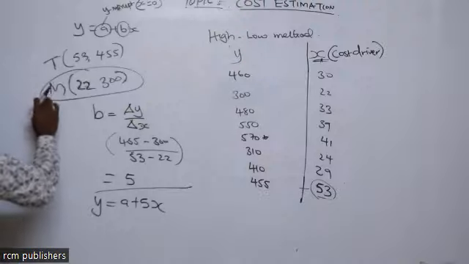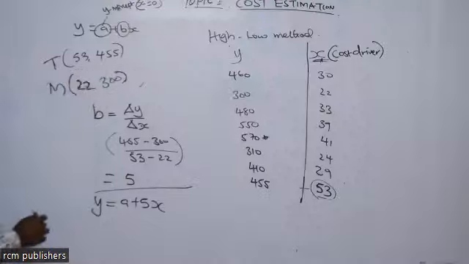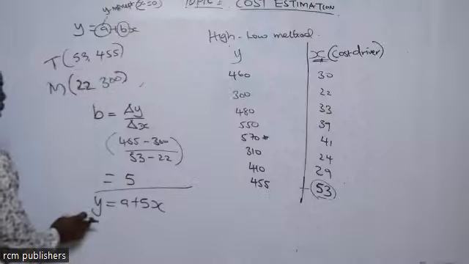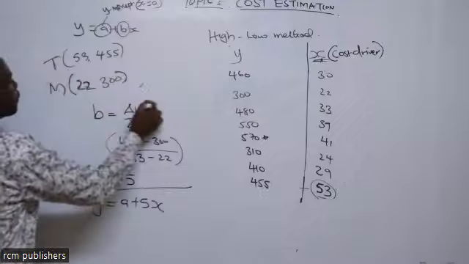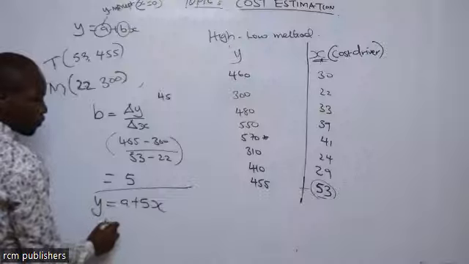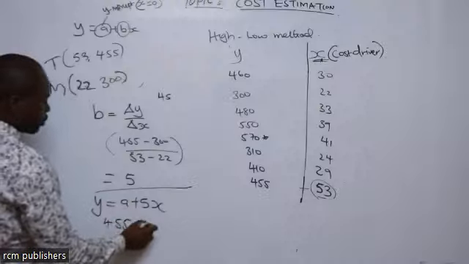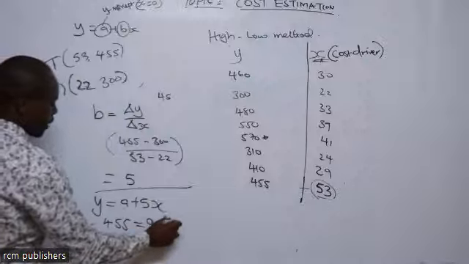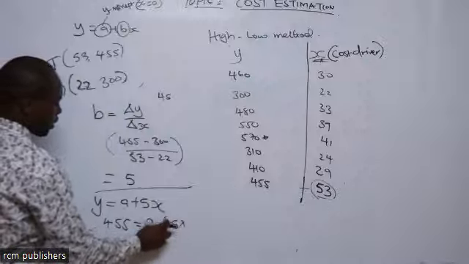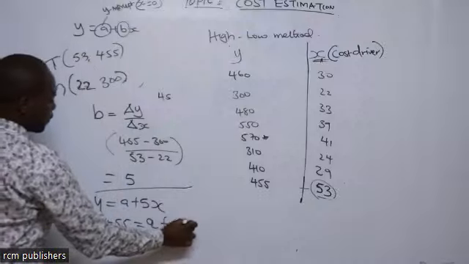I think we picked M, so let's pick T. So Y here for T is 455, equal to A, which we do not know, plus 5 multiplied by X. What is X in this particular pair? 53.